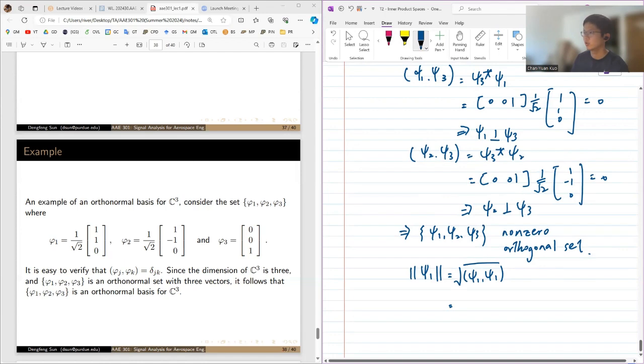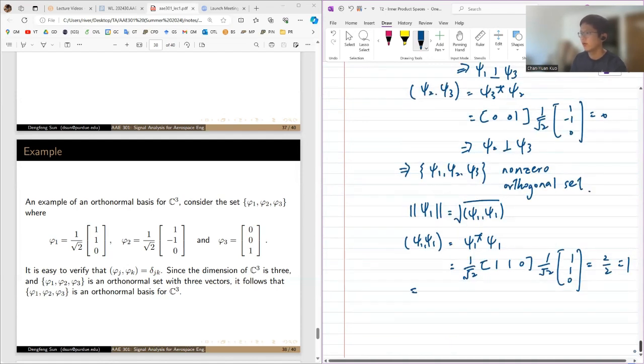We know that the inner product of psi1 and psi1 will be the complex conjugate transpose of psi1 times psi1, and that's going to be 1/square root of 2 times (1, 1, 0) times 1/square root of 2 times (1, 1, 0), and we will have 2/2, and that's 1. So the norm of psi1 equals the square root of 1, and that's 1.